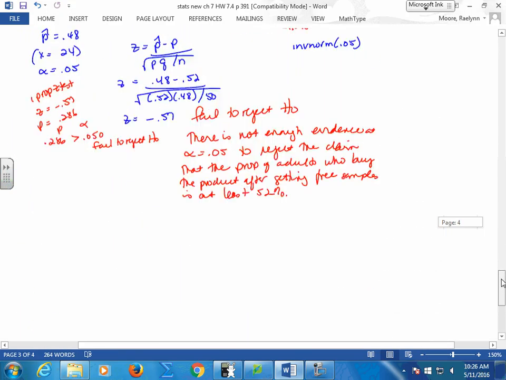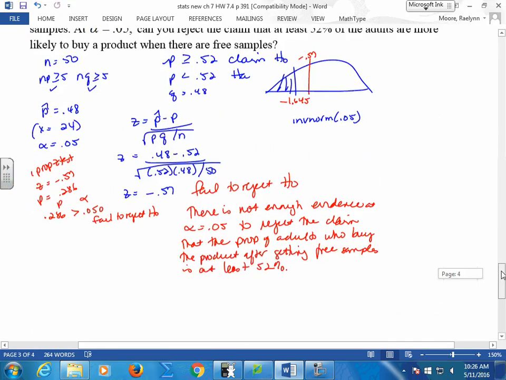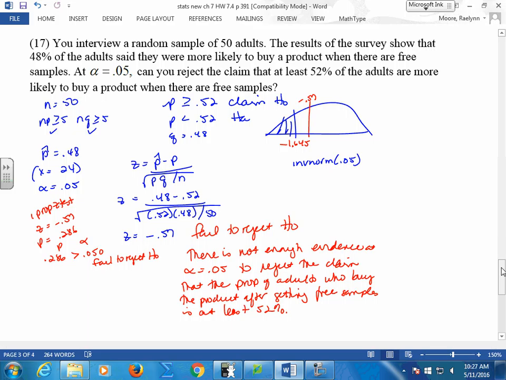The last one? This is your last one. So you interview a random sample of 50 adults. This time the sample came first. The results of that survey show that 48% of adults said they were more likely to buy a product when there are free samples. Now, that's what we're given so far.